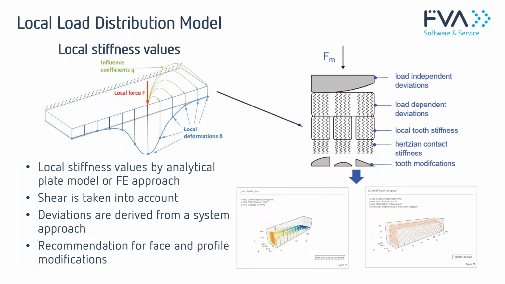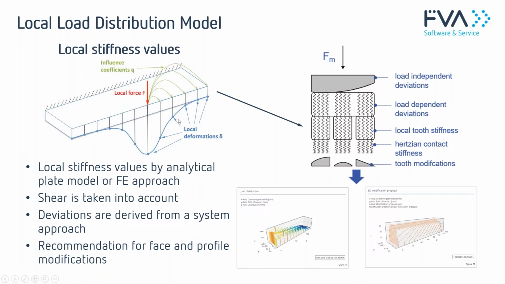What is done in this method is you apply a force on one point along the contact line, and then you calculate the deformations for every other point on the tooth flank or along the contact line, and you do this for every contact point.